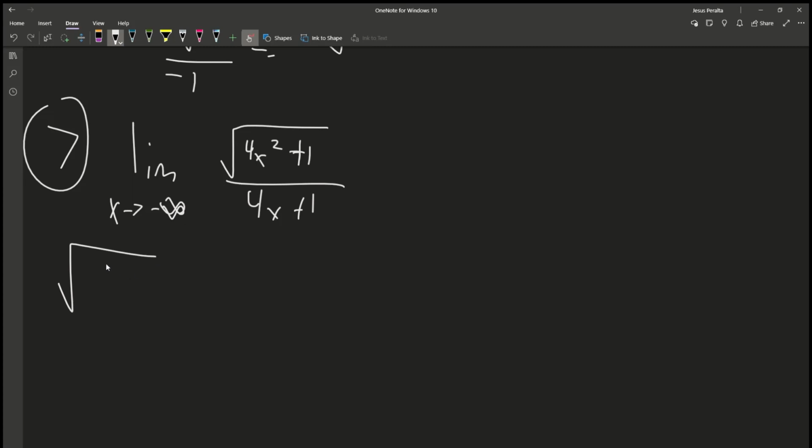So you're going to write the square root of 1 over 4x squared, which is also equal to 1 over 2x. Yeah, because the square root of 4 is 2, and the square root of x squared is x. If you don't believe me, 2x times 2x gives you 4x squared. So that's the square root of it.